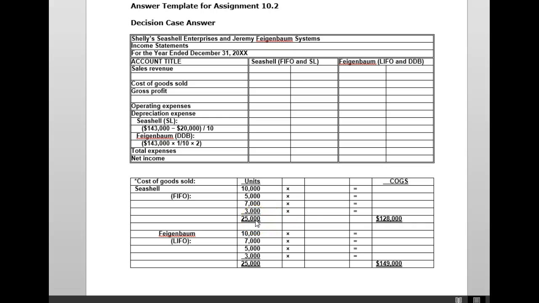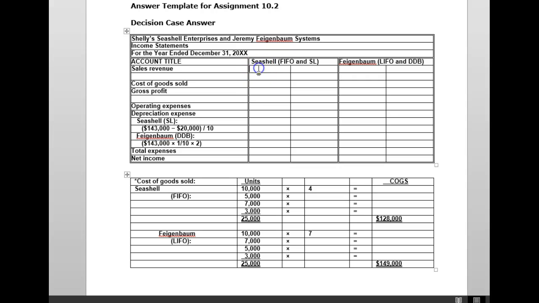So their 10,000 units is going to start at $4 to find the cost. If you're using LIFO, you're going to start at the bottom, and their 10,000 units is going to use $7 as the cost. And this is going to give you the cost of goods sold for each company, which is going to get plugged in right here.